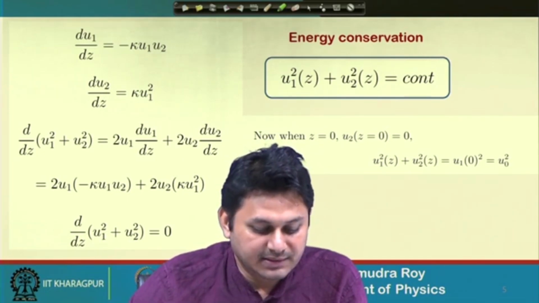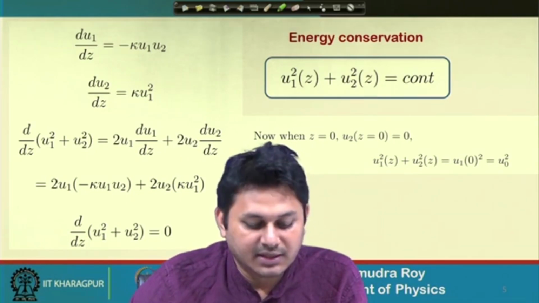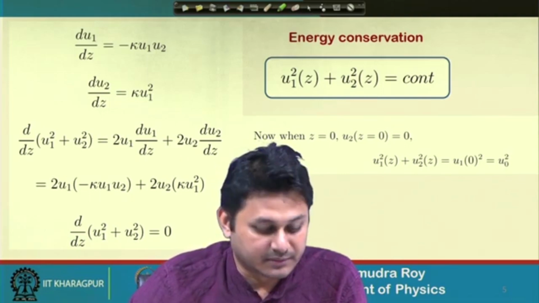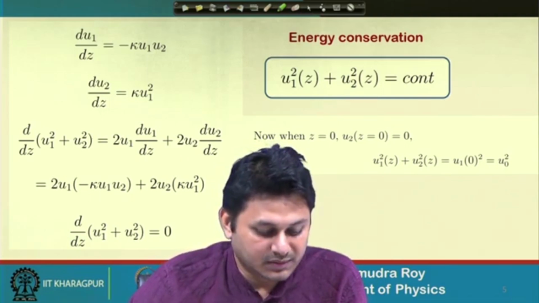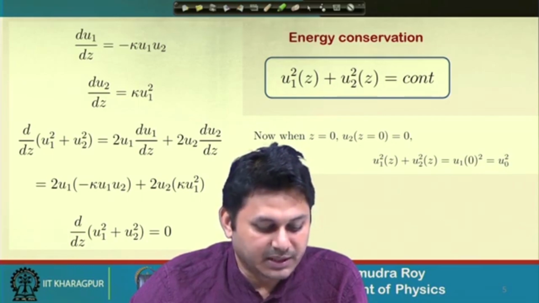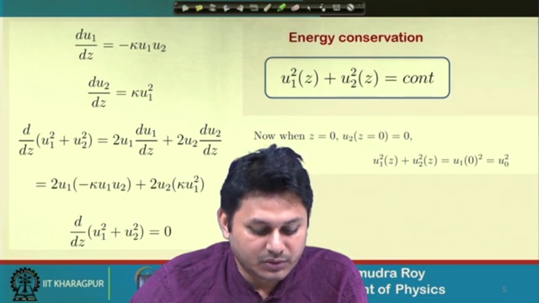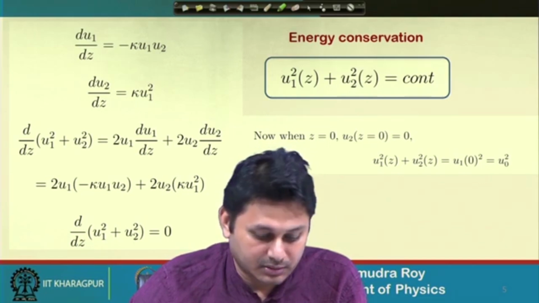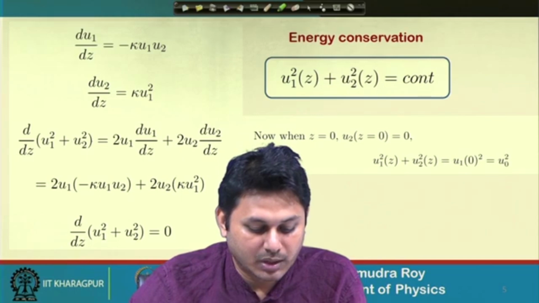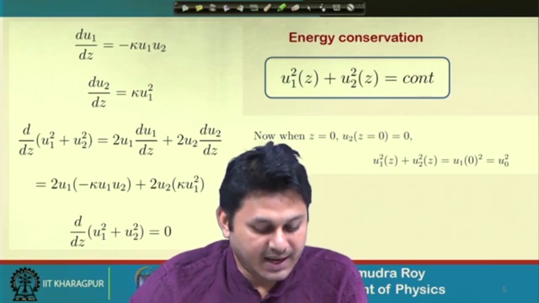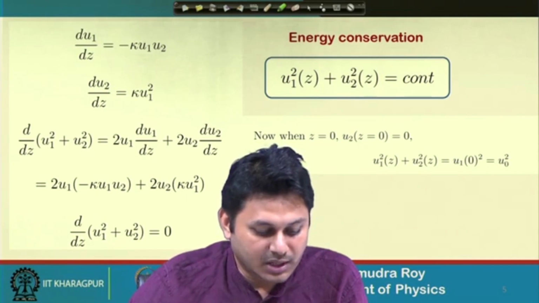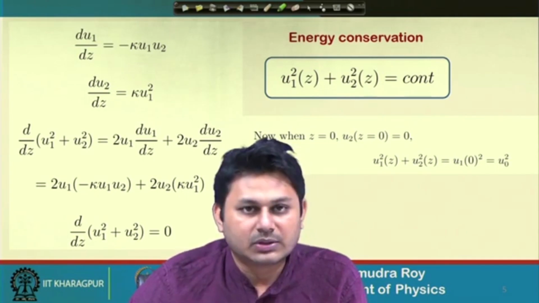So, we get minus 2 kappa u1 square u2 plus 2 kappa u2 u1 square. These two terms are equal with opposite signs, so they cancel each other.